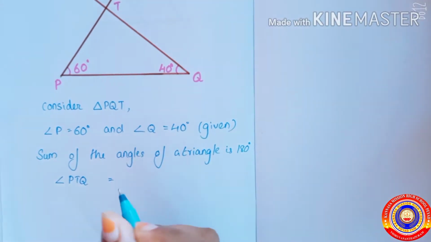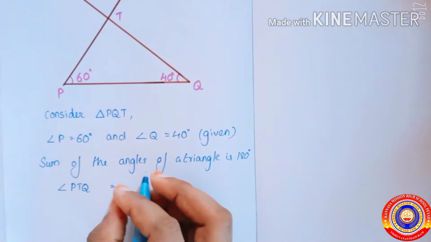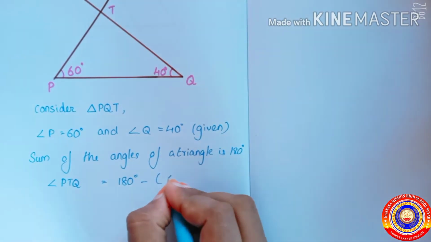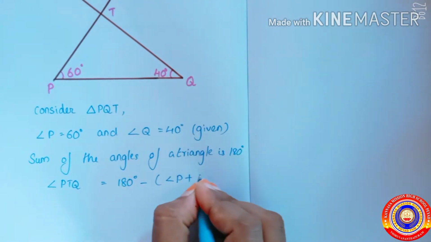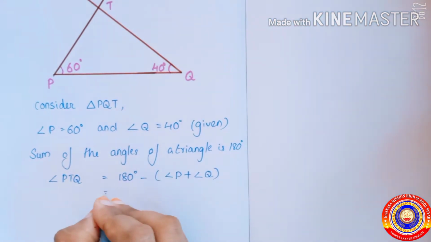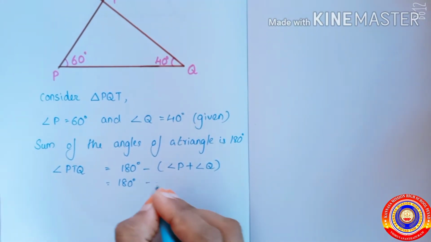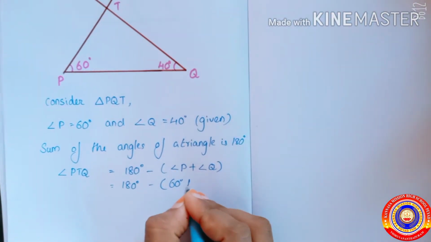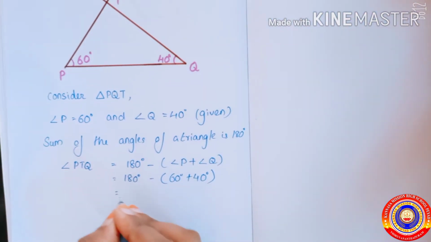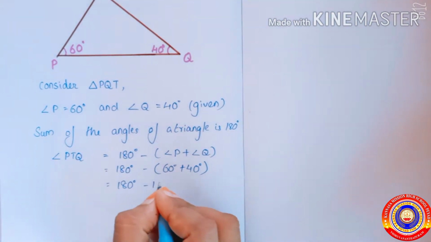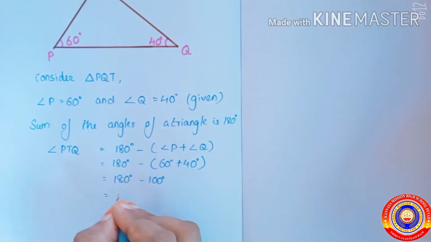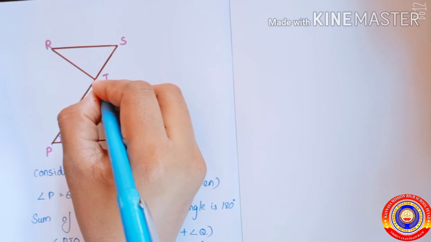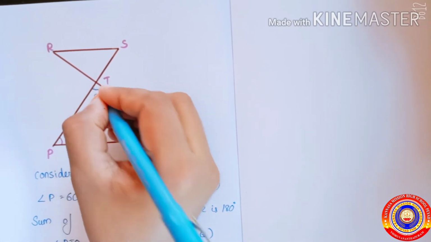Angle PTQ is equal to 180 degrees minus (angle P plus angle Q). 180 degrees minus (60 degrees plus 40 degrees) is equal to 180 degrees minus 100 degrees, which is equal to 80 degrees. So here we got angle T as 80 degrees.